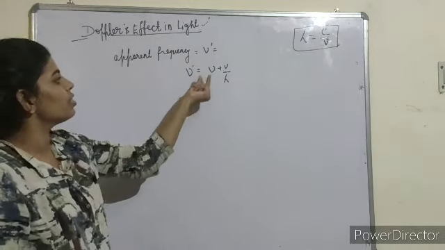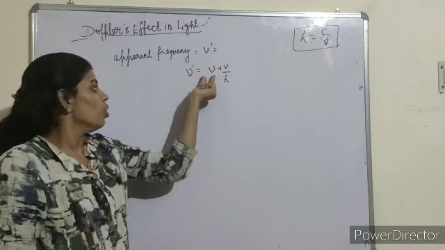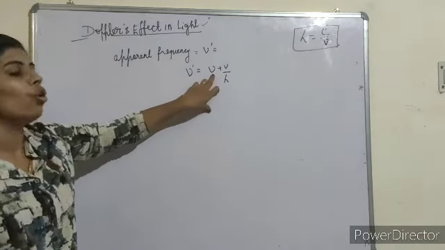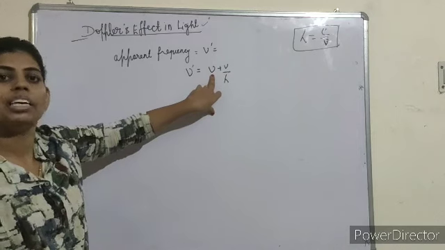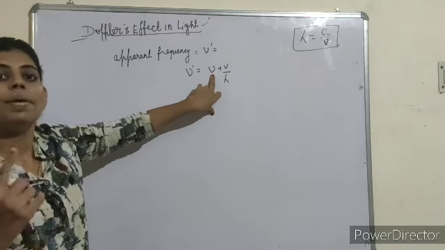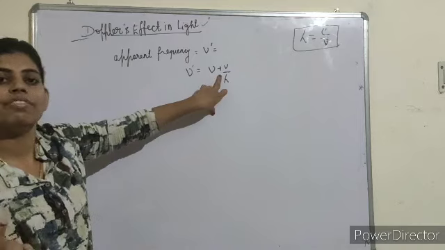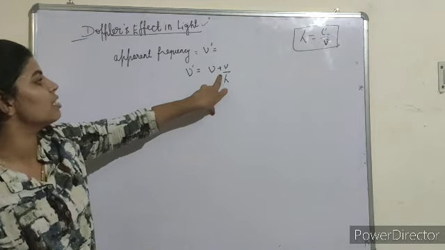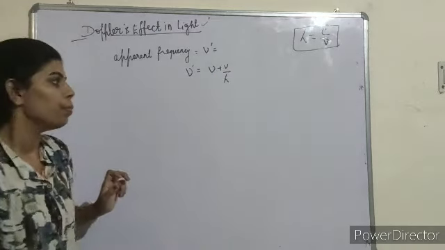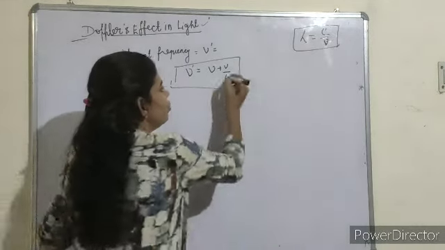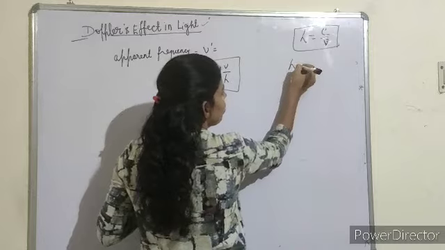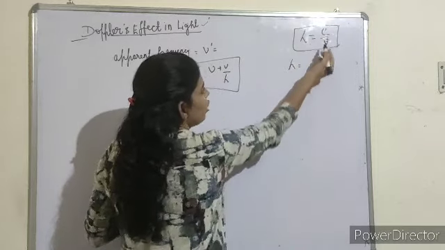This apparent frequency is equal to the frequency of light, or the number of light waves emitted by the source per second, plus the number of light waves contained in distance v.